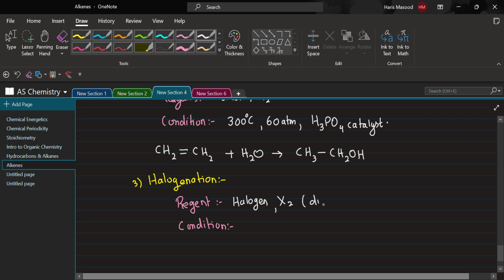This is dissolved in CCl4, tetrachloromethane, because tetrachloromethane is a solvent that we will use in the organic section. In inorganic, we usually use water as a solvent to dissolve something, but in organic we use CCl4.